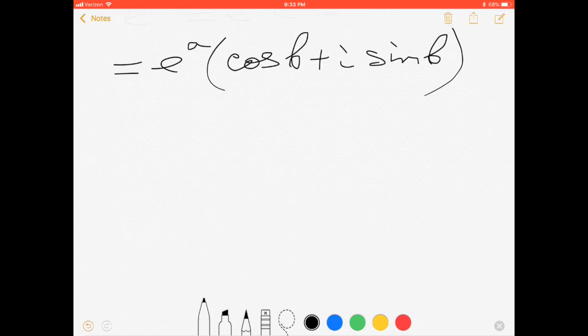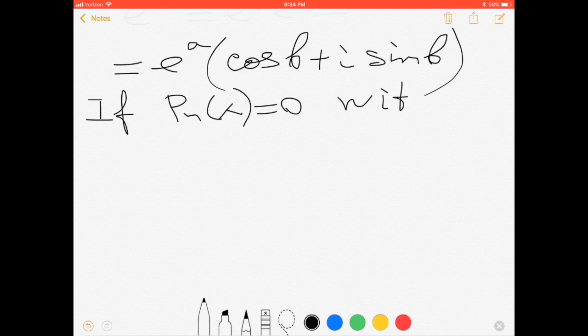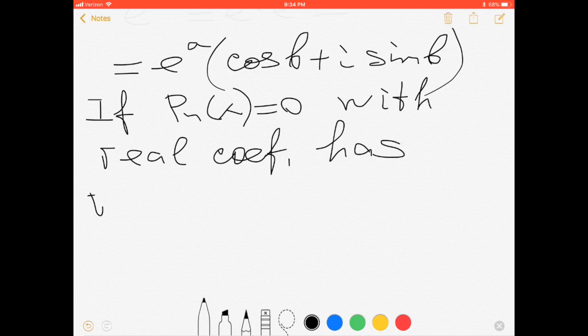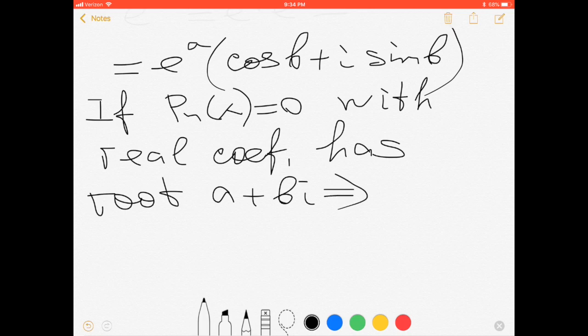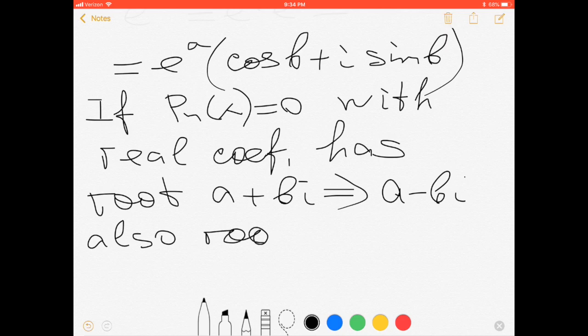and use the fact that for a polynomial with real coefficients, if one root is a complex number, right, if a polynomial with real coefficient has root a plus bi, then automatically a minus bi, the conjugate number, is also a root.